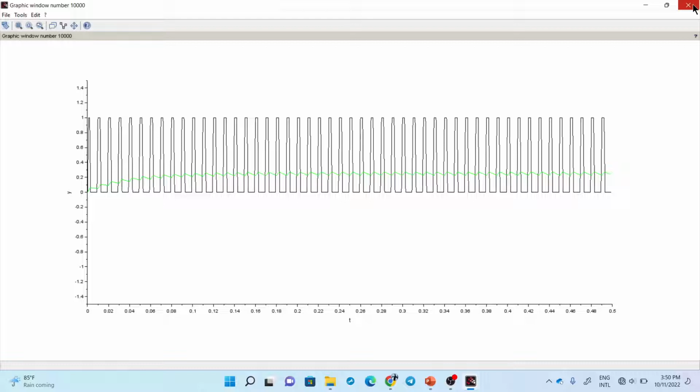Like I explained before in the lecture, we can use pulse width modulation to vary the value of the input. We only implement a switch to switch on and off at a very high frequency.